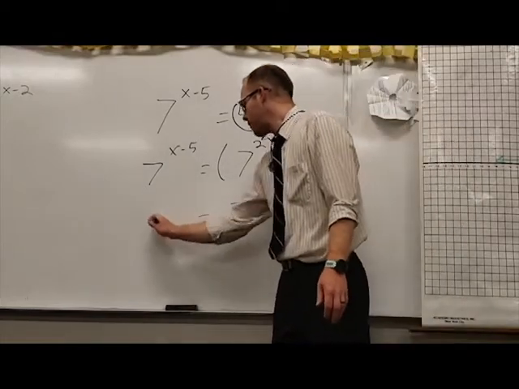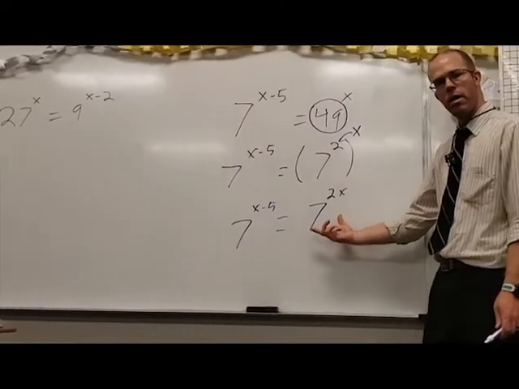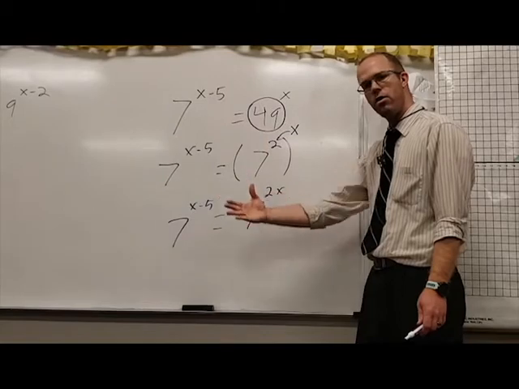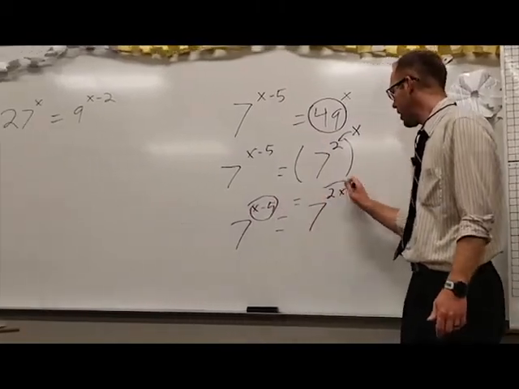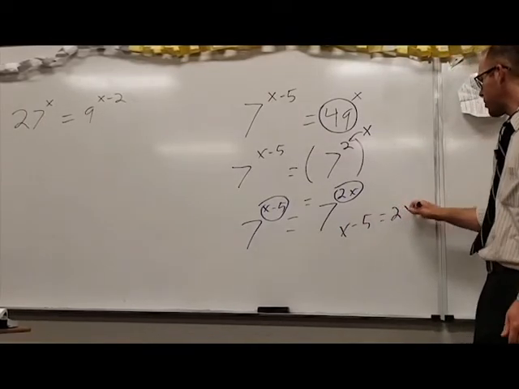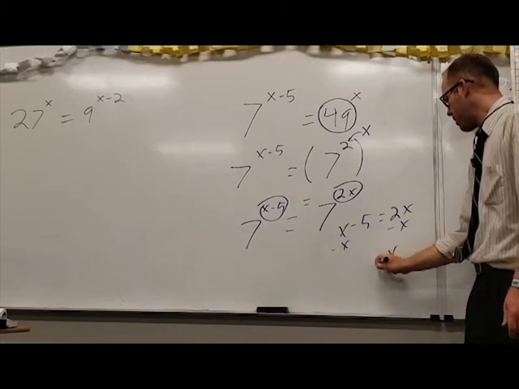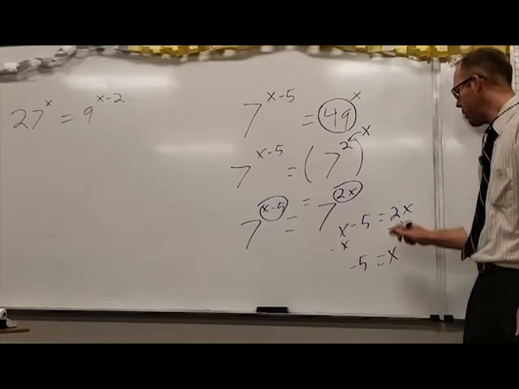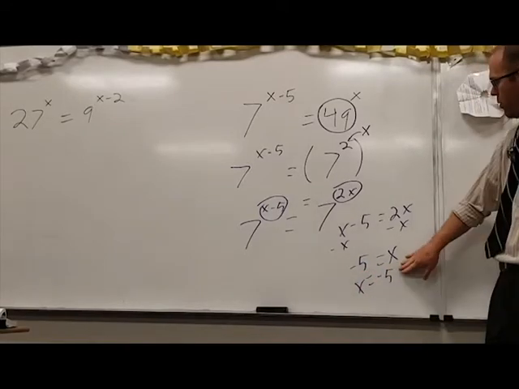And over here we have 7 to the x minus 5, and now we've set it up so it has the same base. That allows us to use our line of thinking where this exponent must be equal to that exponent. That gives us x minus 5 equals 2x. We'll solve this by subtracting x, and we see that x over here must equal negative 5. You can switch that around, x equals negative 5 if you wish, and we're done with that one.